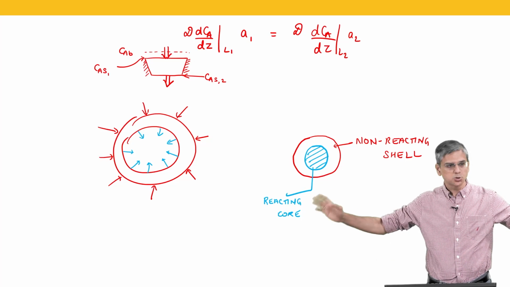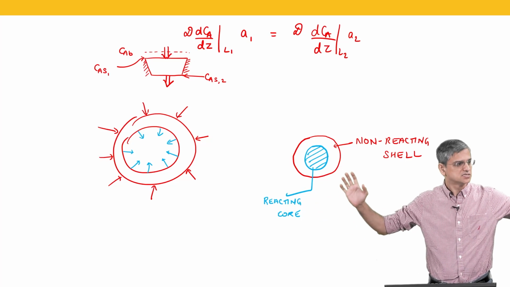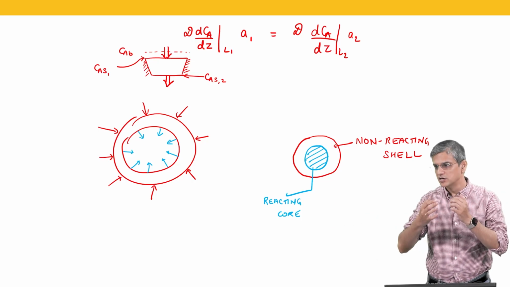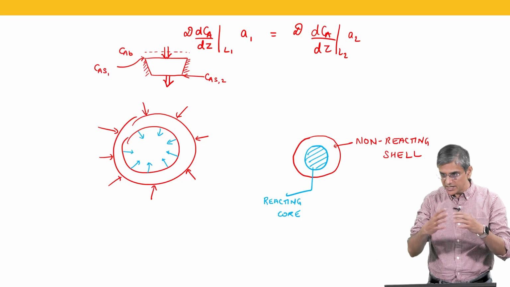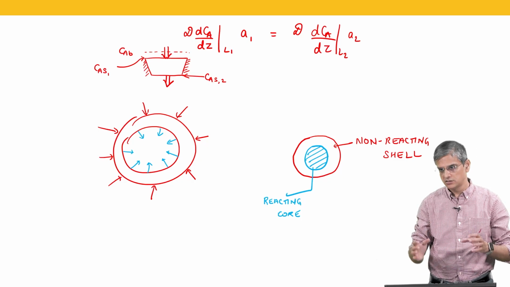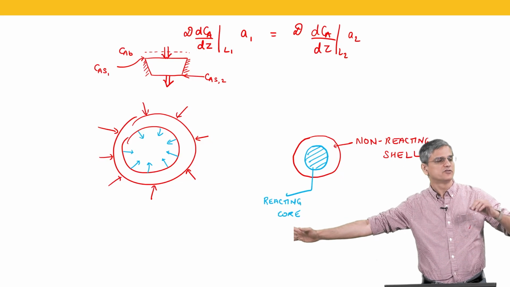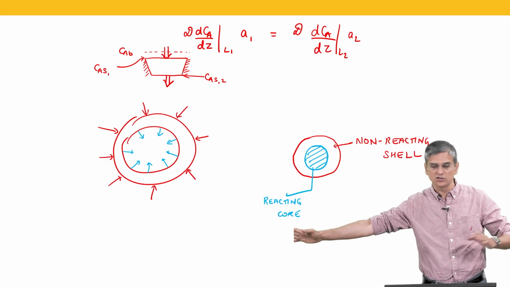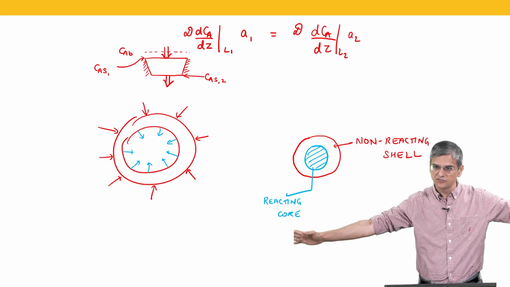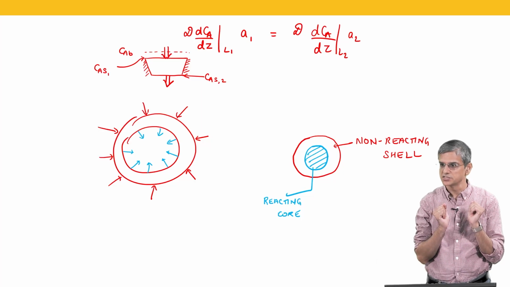These 2 cases can be considered as special cases of the shrinking core model. If diffusivity in the core is much greater than rate of reaction, you get this case. If diffusivity is much lesser than rate of reaction, or rate constant of reaction is much greater than diffusivity, you get this case. All other situations you get this case.